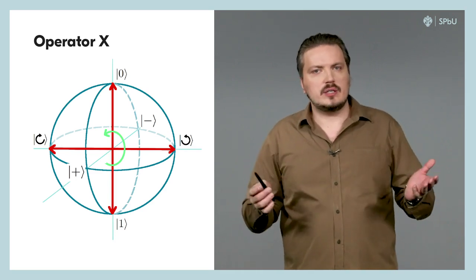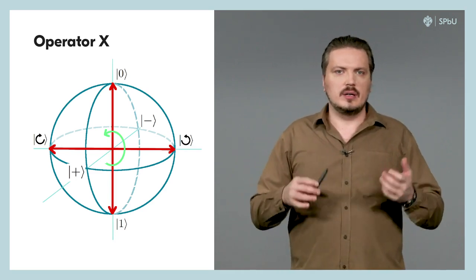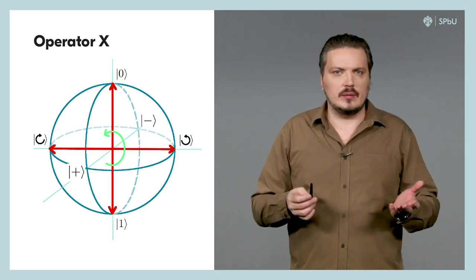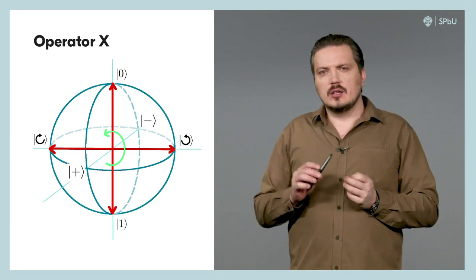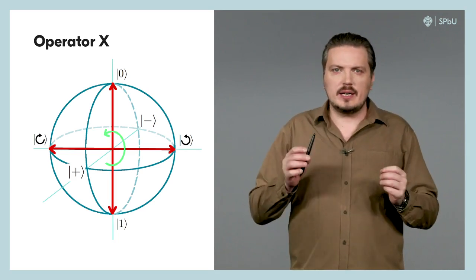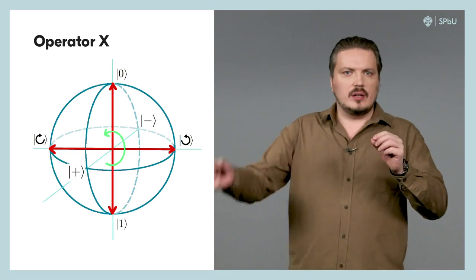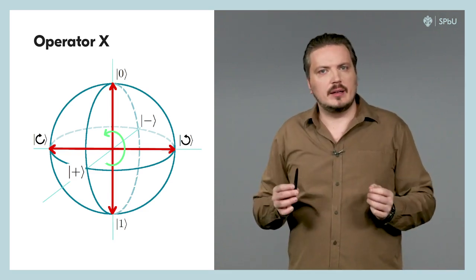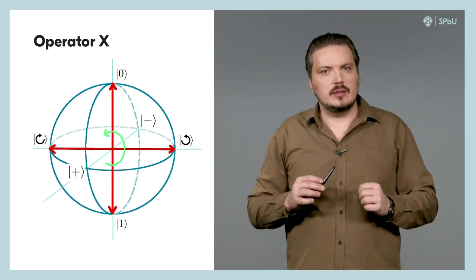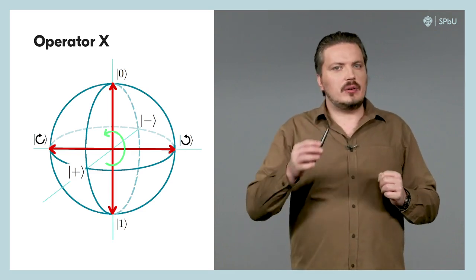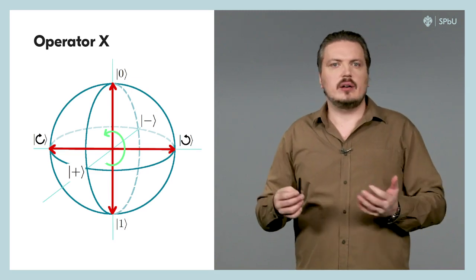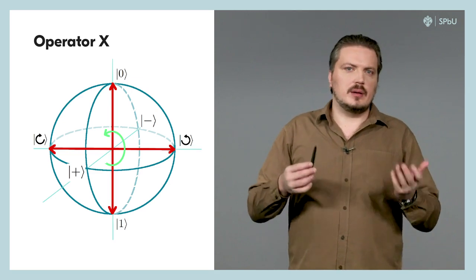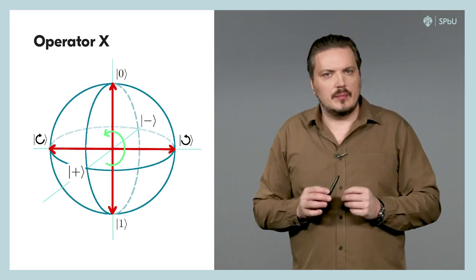And the rotational states also flip. 0 plus i1 goes to 0 minus i1, and vice versa. So it looks like the operator X is just the rotation around the x-axis by the angle pi. And it is so indeed. Operator X is the rotation around the axis x. It looks like the name of the operator was not chosen at random.